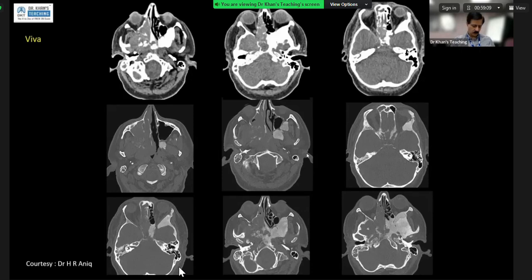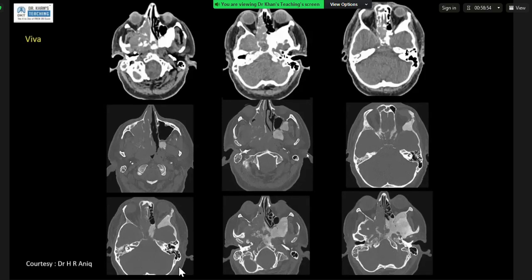I believe there is a destruction of the ethmoidal sinus, a lytic destruction of the ethmoidal sinus, and bony expansion of the greater wing of the sphenoid, the left greater wing of the sphenoid.